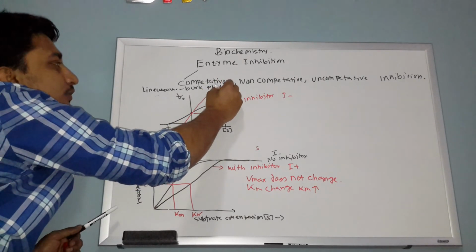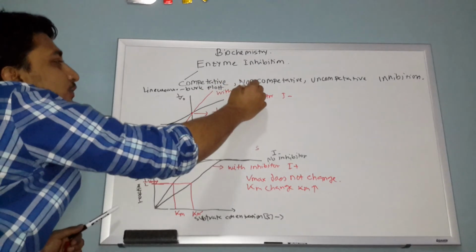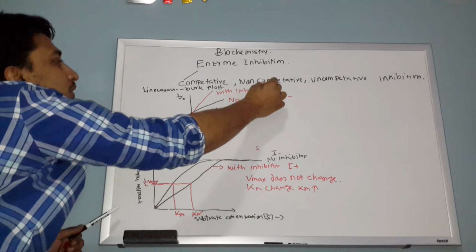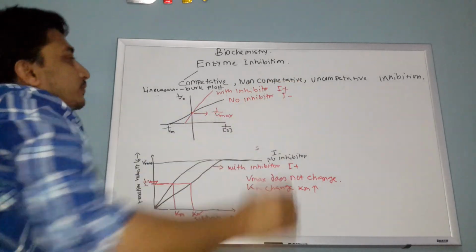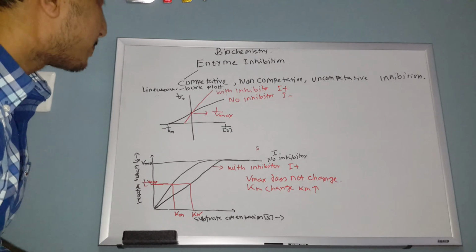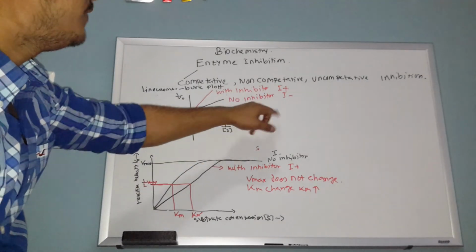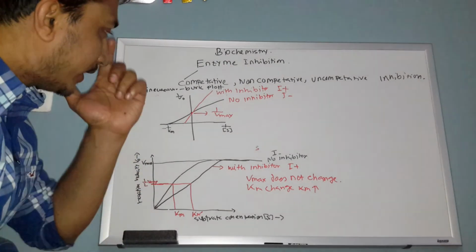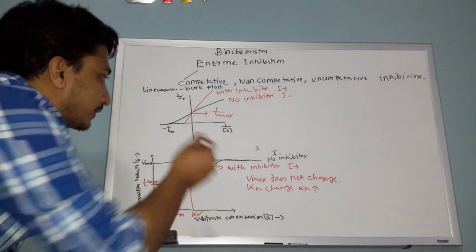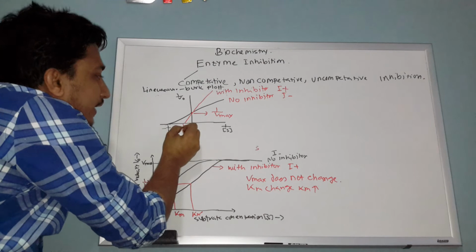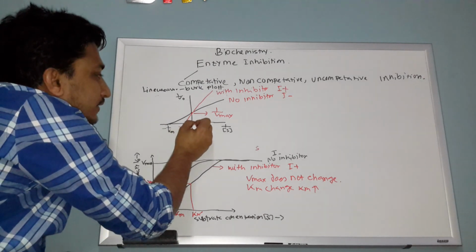This is with inhibitor, or I plus. With inhibitor I plus, no inhibitor I minus. So what happened? Look, this gives 1 over Km prime, and this is 0.